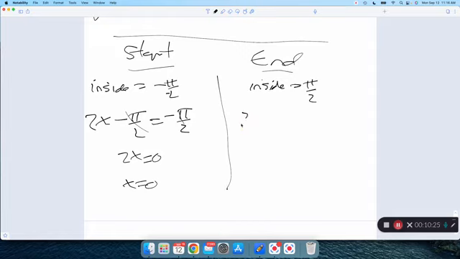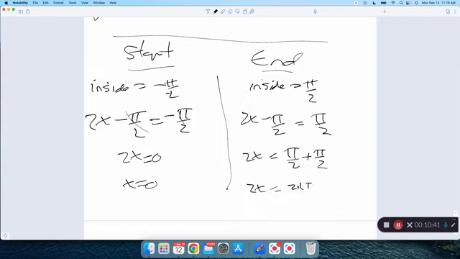And then for the end, 2x minus pi over 2 equals positive pi over 2. Add pi over 2 to both sides. That's 2x equals 2 pi over 2, which would just be pi. Divide by 2, x equals pi over 2.